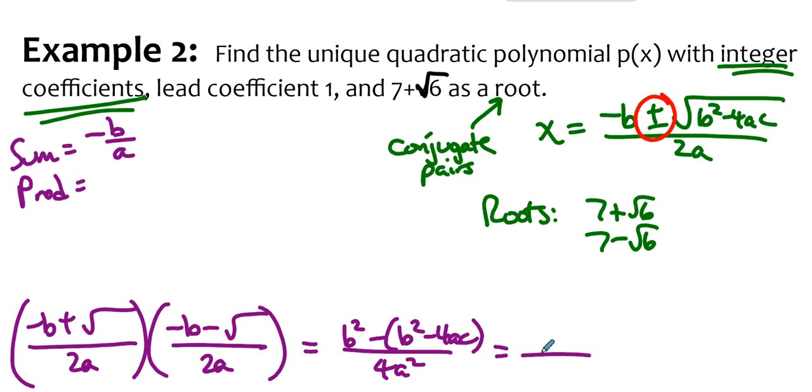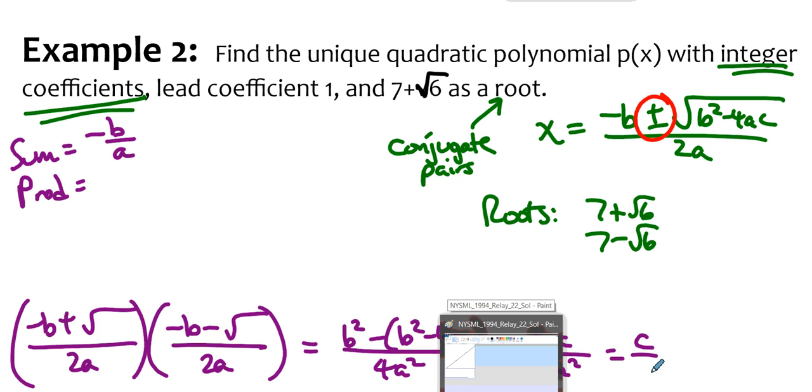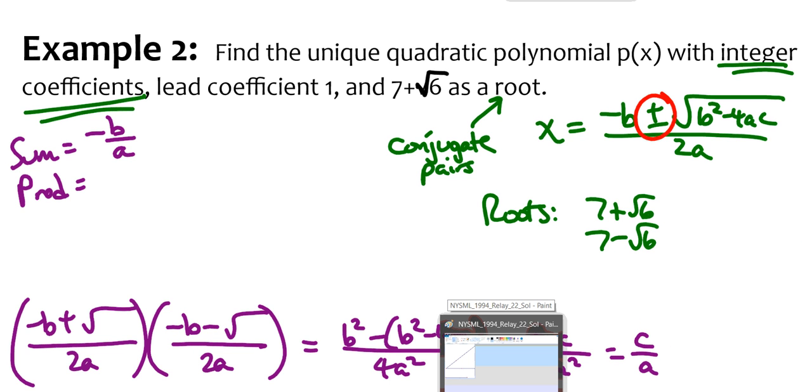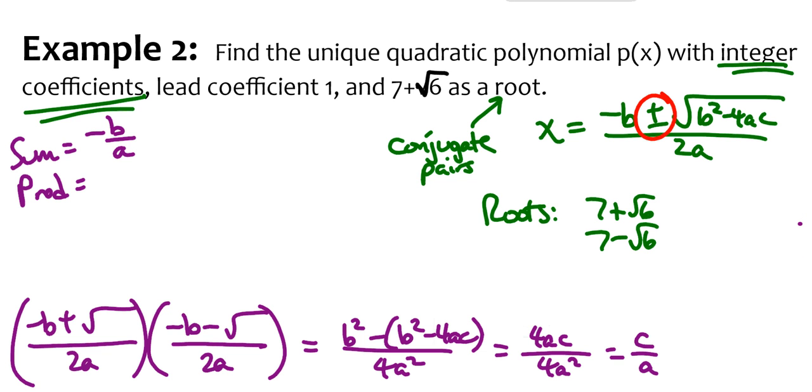Well, how does that simplify? So the product of the roots is c over a.